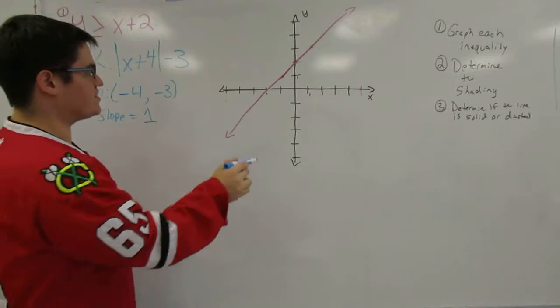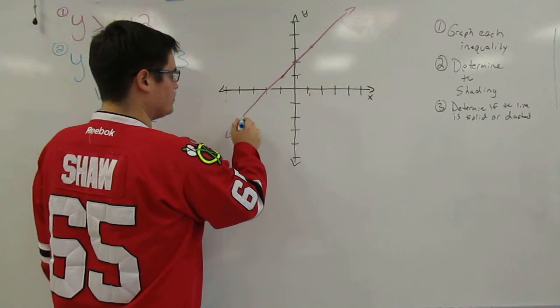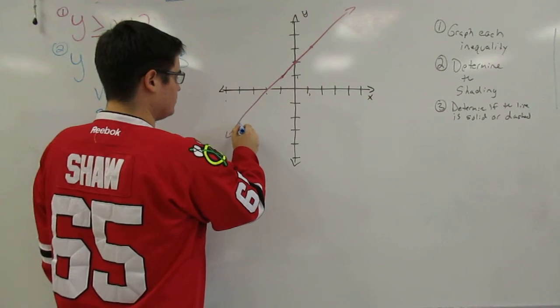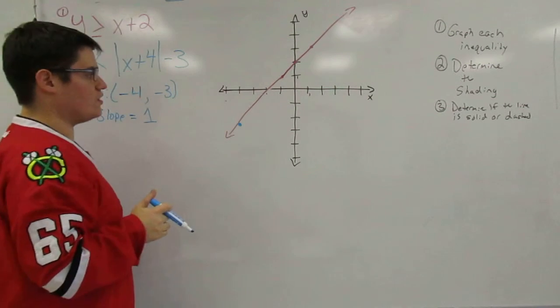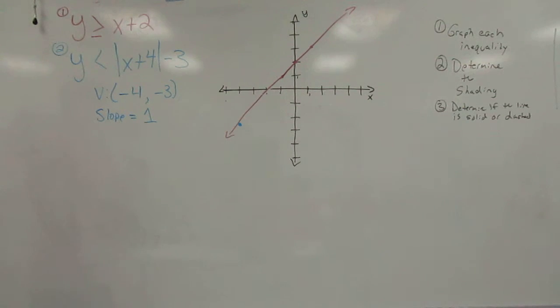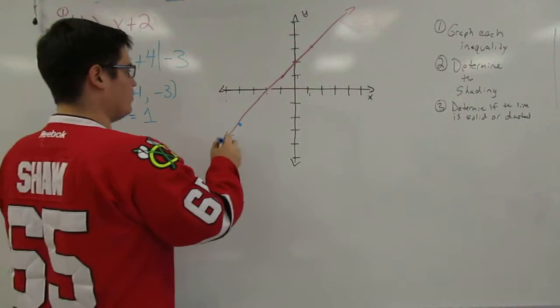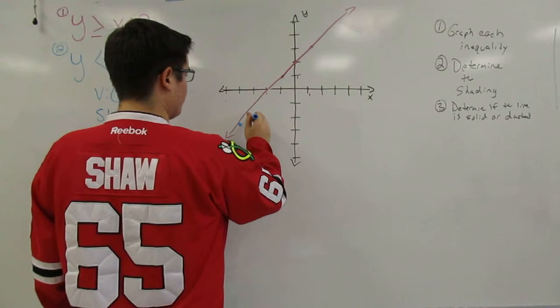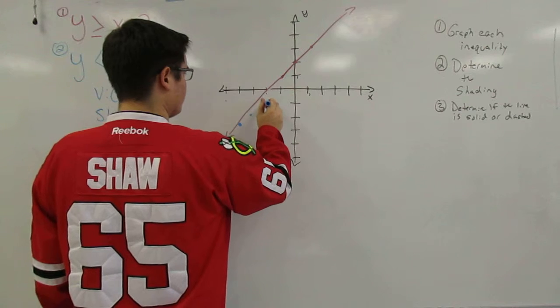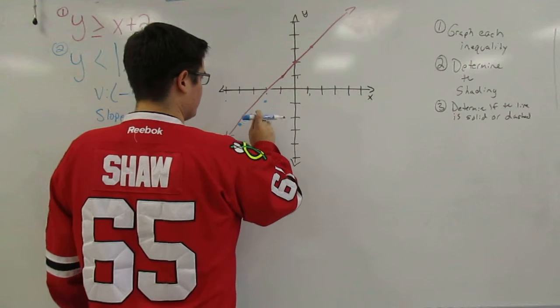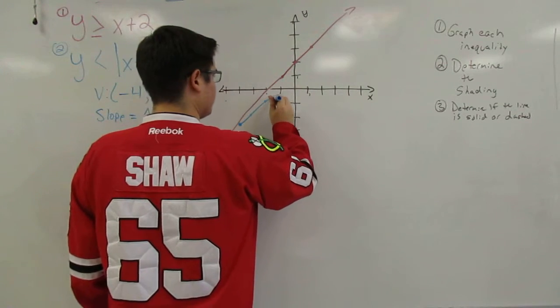So I go to my vertex, -4, 1, 2, 3. Okay? And then I see my slope is 1. So I'm going to go up 1 over 1, up 1 over 1. I think these two lines are actually parallel to each other.